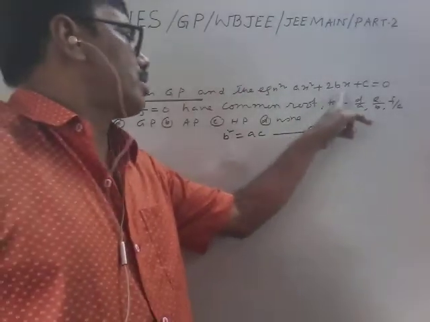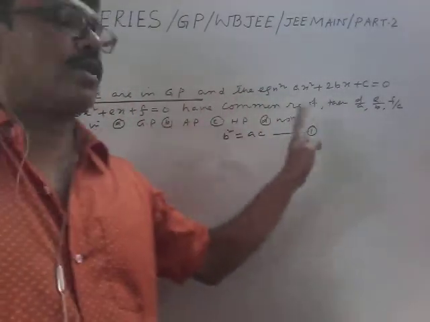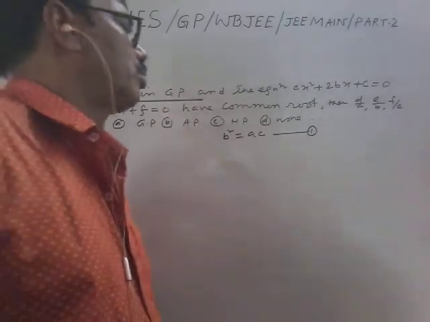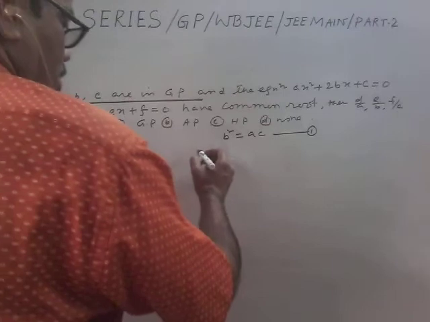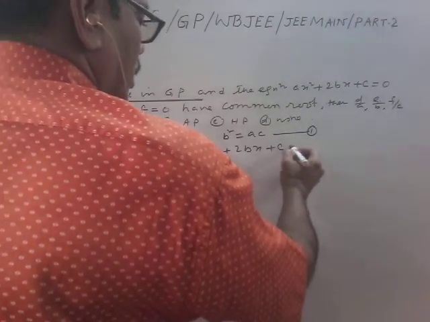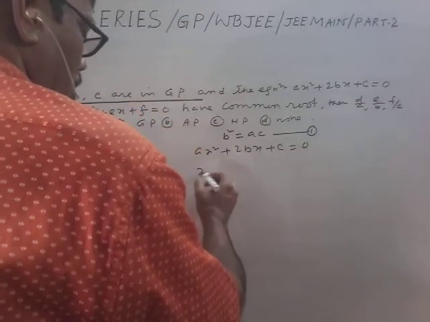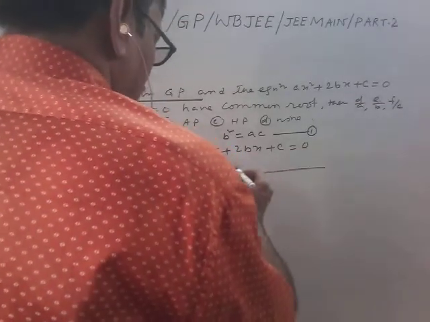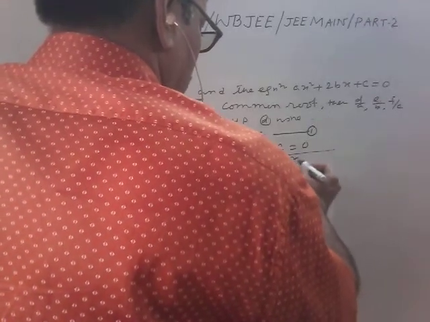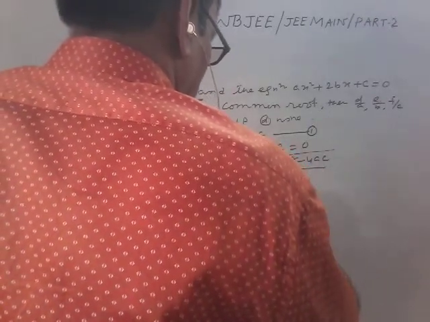Now the equation, this and this, have a common root. So ax square plus 2bx plus c equals 0. So what is x? x equals minus 2b plus minus square root of 4b square minus 4ac, by 2a.